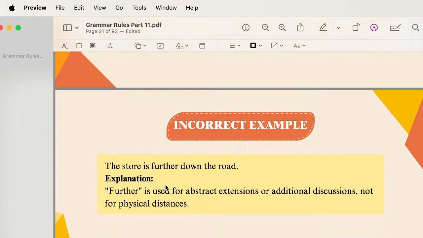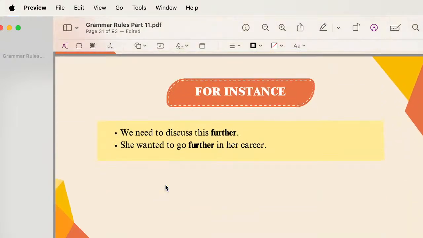We need to discuss this further. That's the correct usage of further. She wanted to go further in her career. Again, we're not talking about physical distances but an abstract idea.